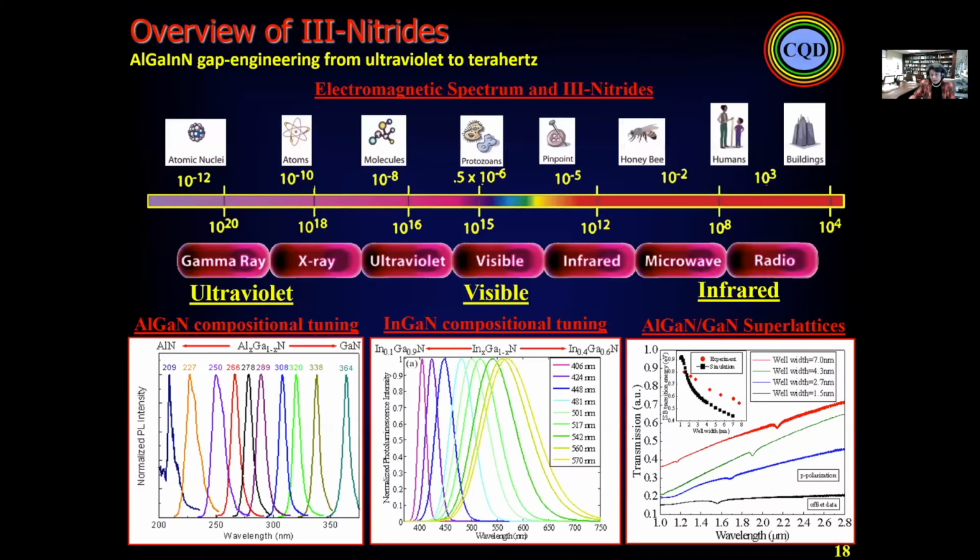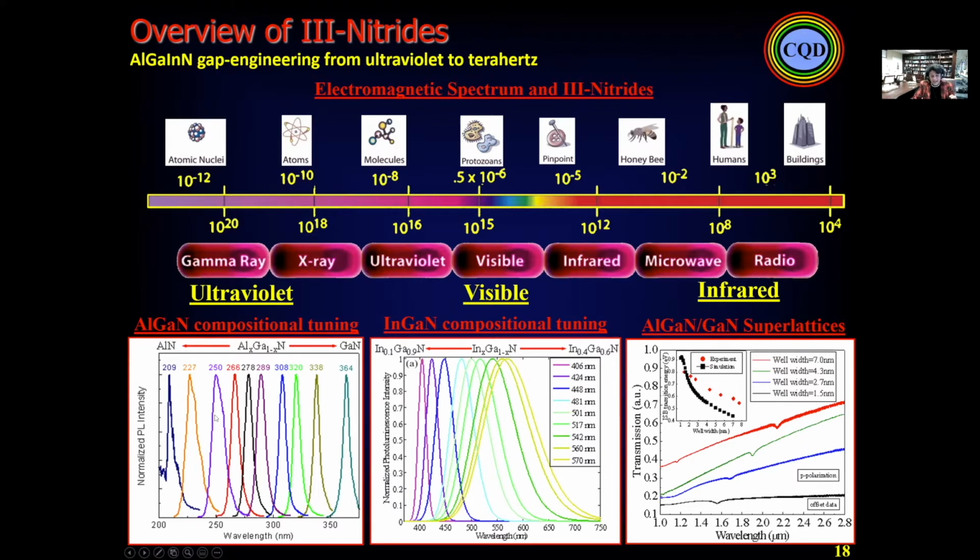So by using that, we try to grow the material from aluminum nitride to 100 nanometer, by increasing a little gallium in the aluminum nitride, up to gallium nitride, and after that increasing indium in gallium nitride up to indium nitride. You can see that we can create this, that's the photoluminescence, but we did LEDs at the same time.